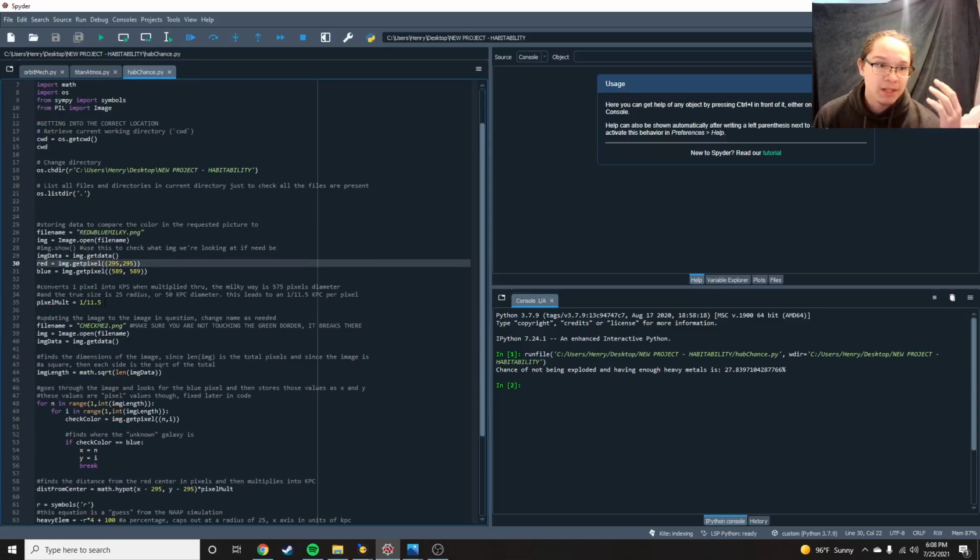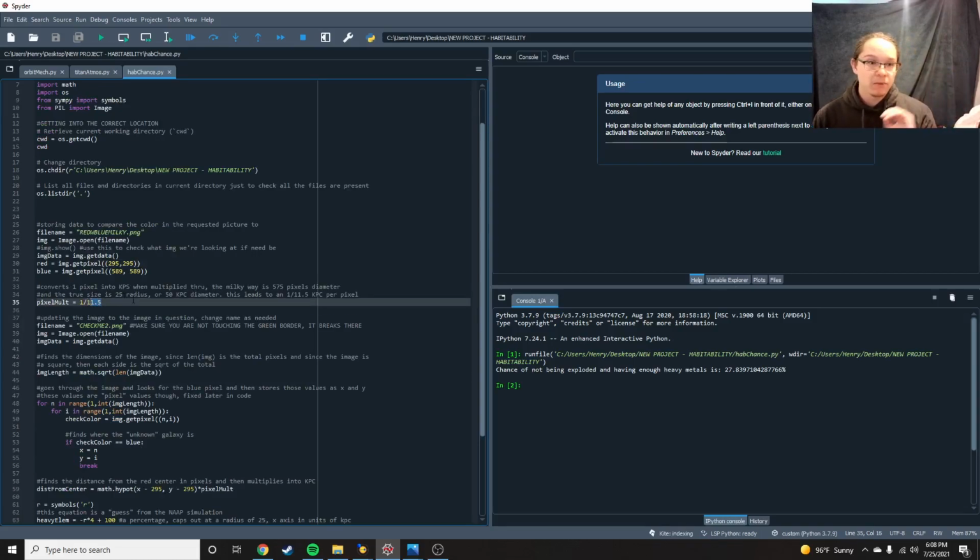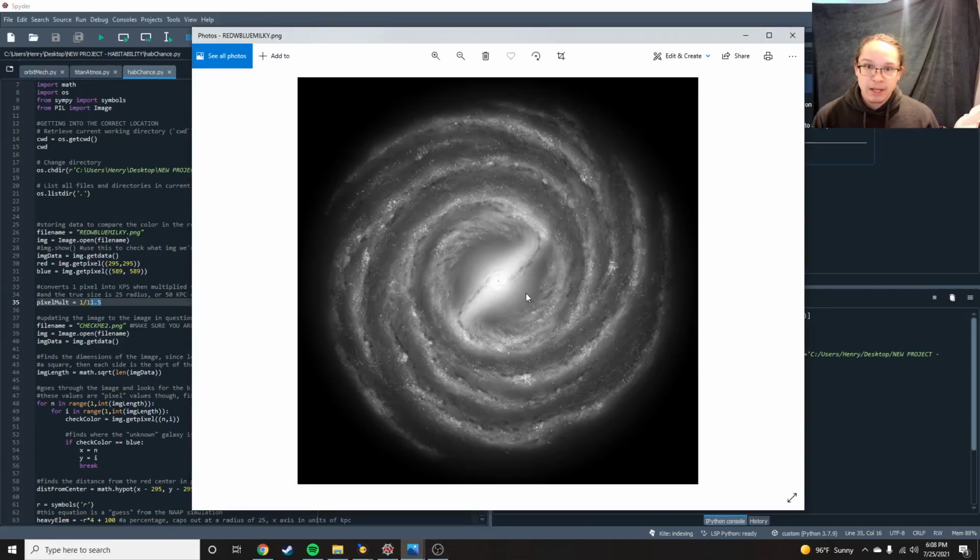Now, because everything is being done in pixels, I need to create a multiplier to get everything from pixels into KPC. The Milky Way itself in this image is 575 pixels, and the image itself is 590 pixels. So I needed to convert 575 pixels, which is the size of the Milky Way in this image, to KPC.